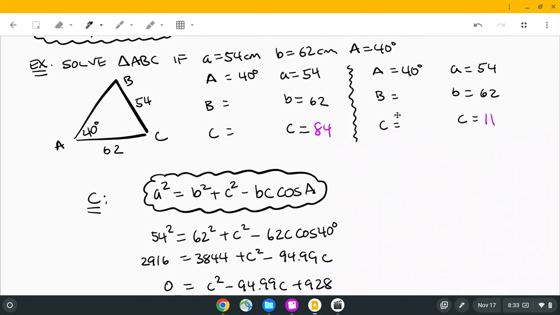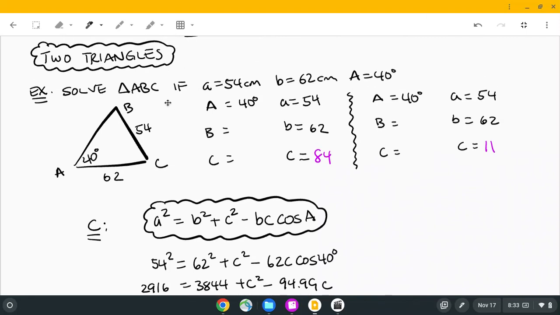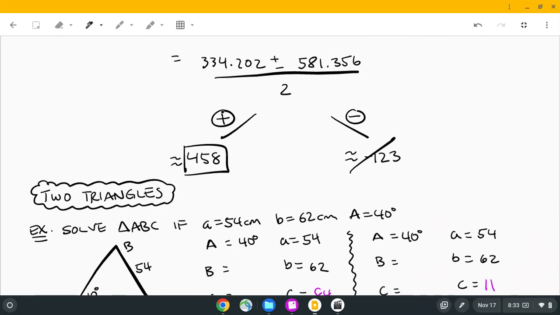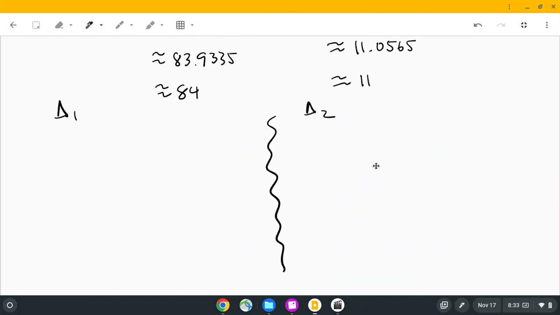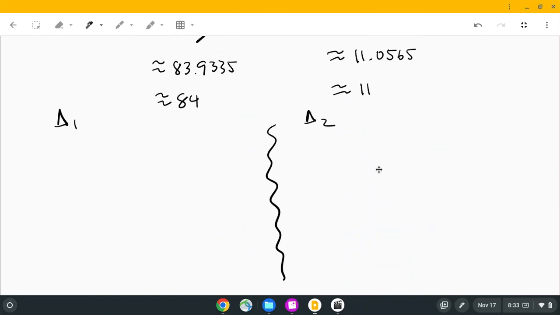You can do law of sines, but since this section really is about using law of cosines, I'm going to use law of cosines here. So I'm going to find angle C.